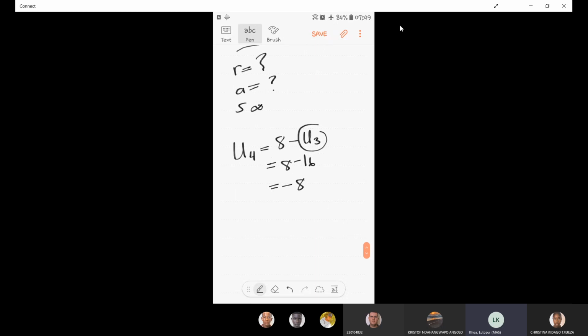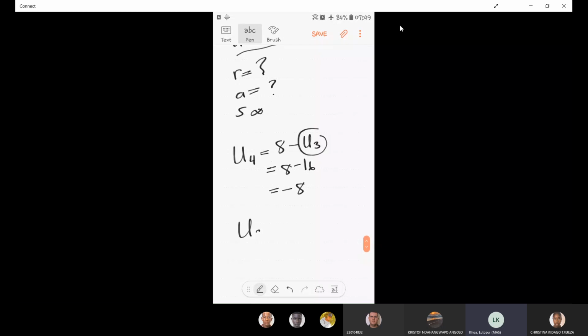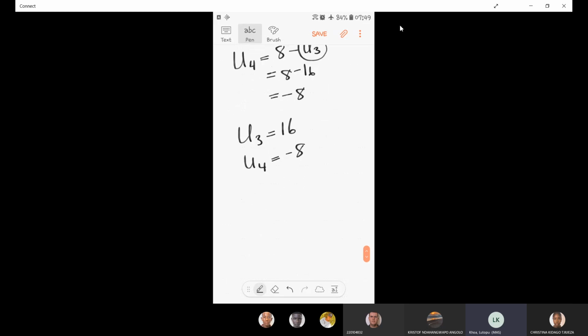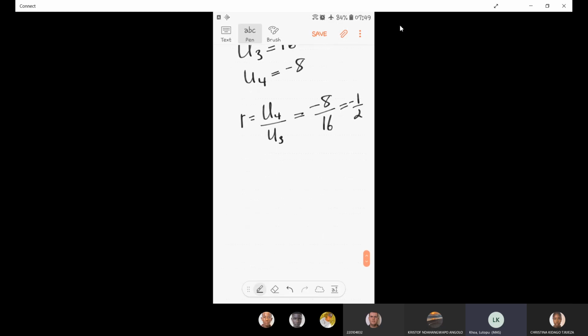And now I have 2 consecutive terms. I know that U3 is equal to 16 and U4 is equal to -8. To work out r, I will say this is U4 divided by U3. So this is negative 8 over 16, which is negative a half. Right, so now that I know what r is, I need to check, does S to infinity exist?